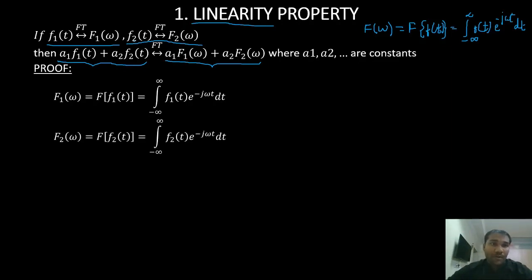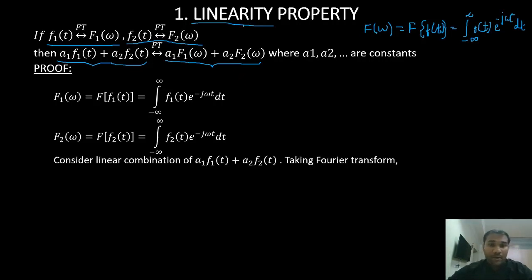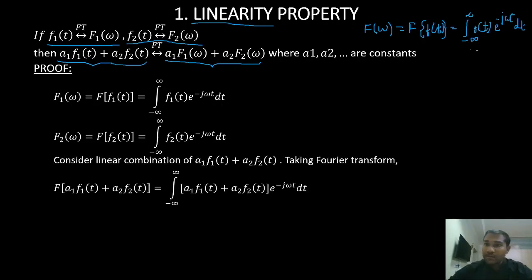Now we have the linear combination here of f1 and f2. So we'll take the Fourier transform of the left hand side, Fourier transform of a1 f1 of t plus a2 f2 of t. What is that going to be in this formula?